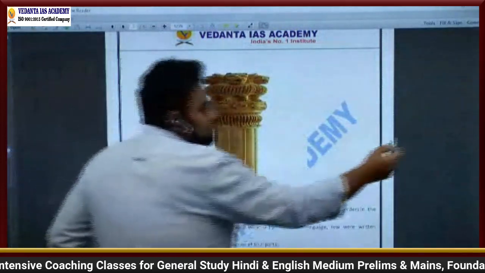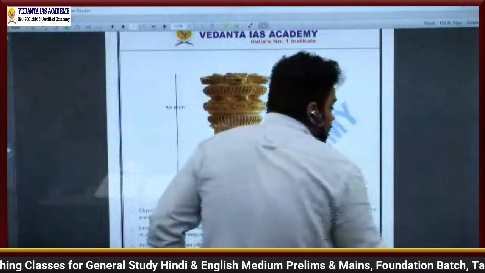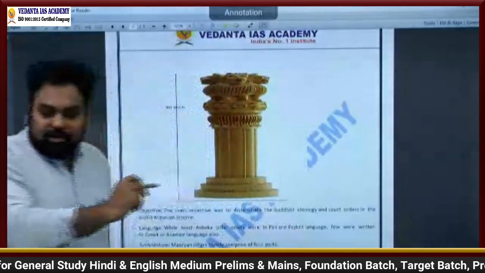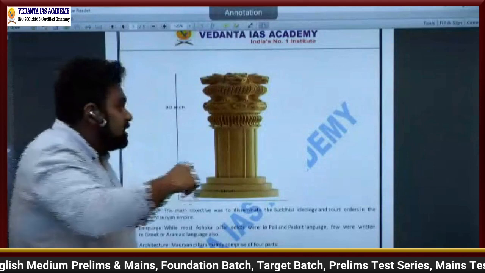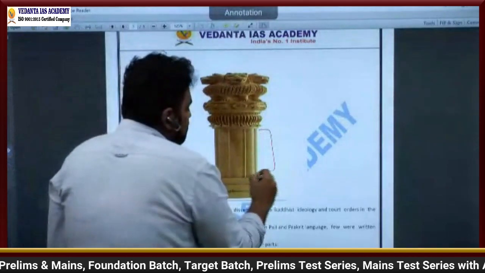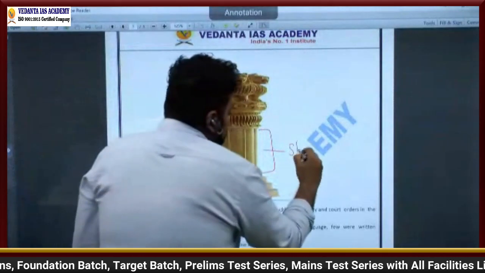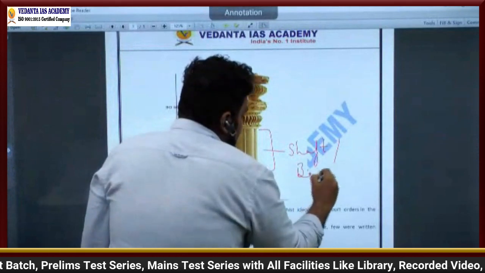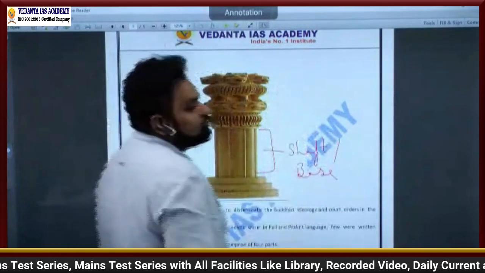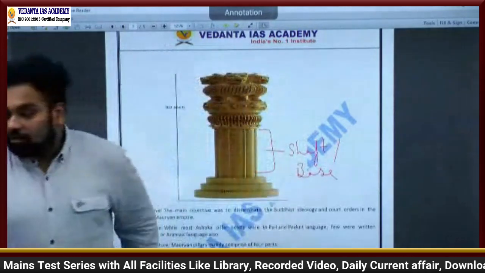Now what we will do is we will understand the various parts of the pillar, कि पिलर के अंदर exactly कौन कौन से पार्ट होते हैं और कौन कौन से नहीं होते हैं. So this particular part is known as the shaft or the base.